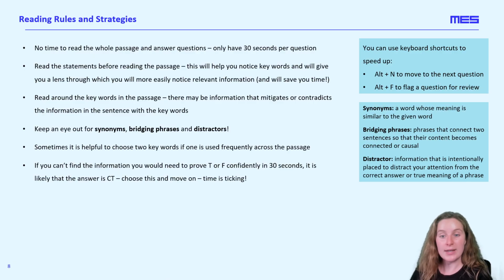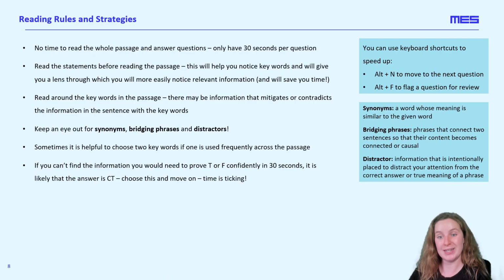Because the examiners and the exam setters know that people are skimming these passages due to a lack of time, they will put distracting information in that sentence, or information that is key couched around the sentence containing those keywords, in order to ensure that the exam takers are reading with the tools that are necessary to do well on this exam. You'll also want to keep an eye out for synonyms, so words with similar meaning to your keywords.